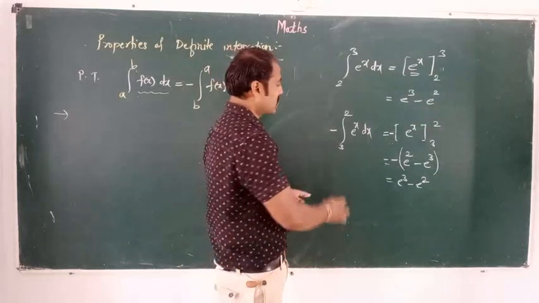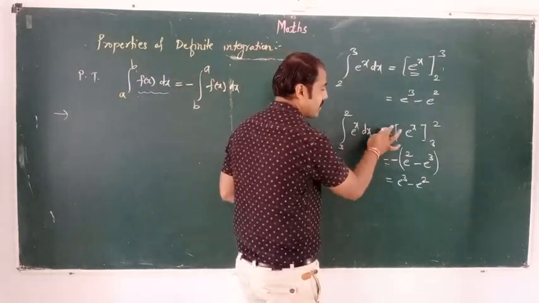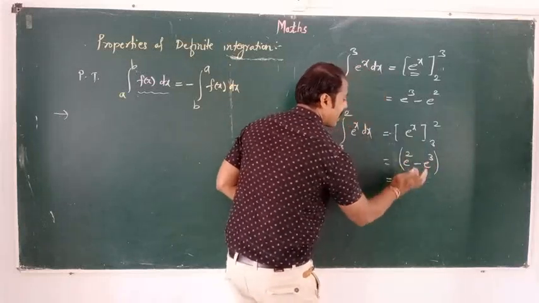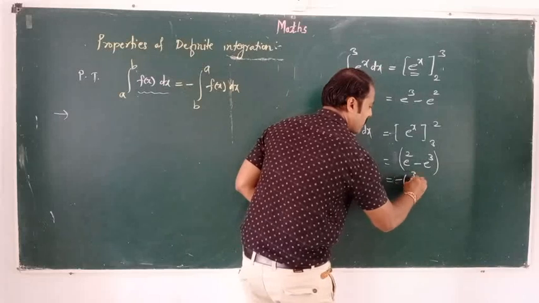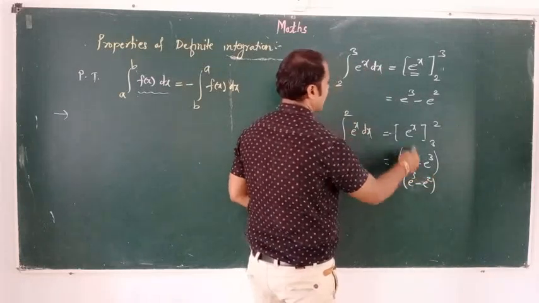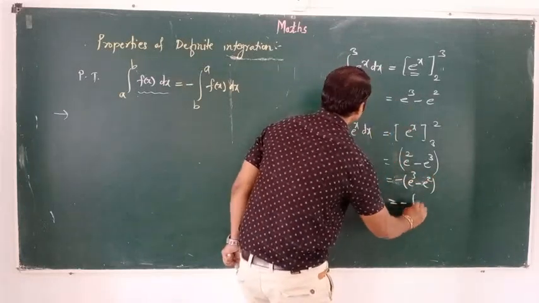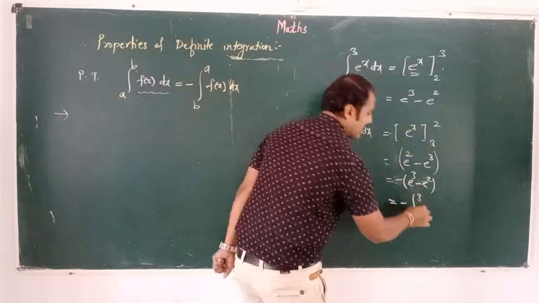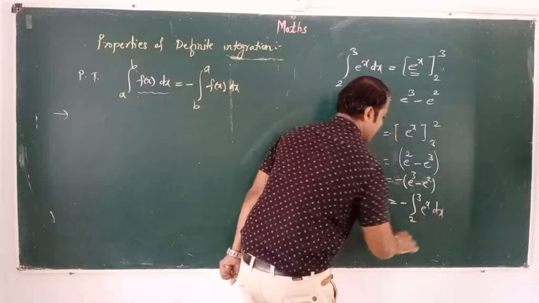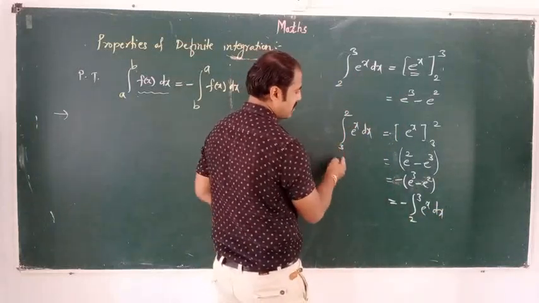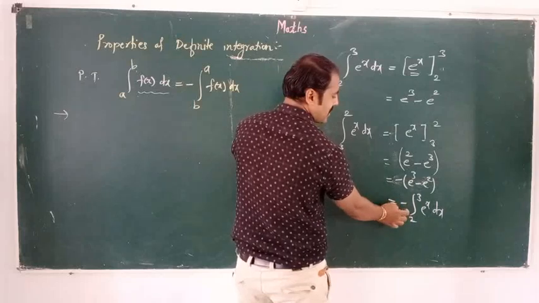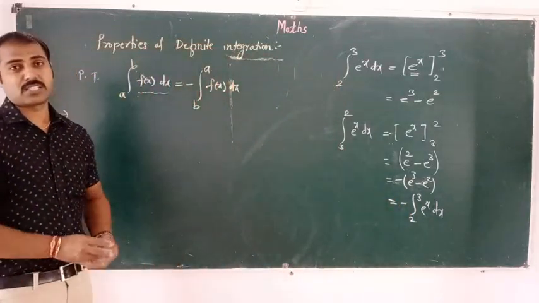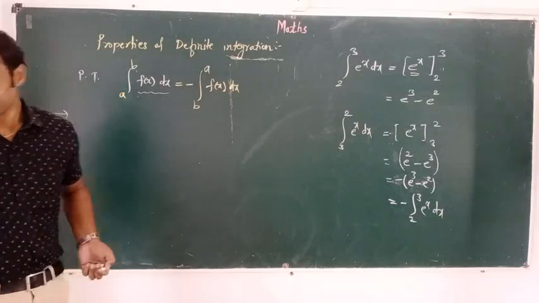If there is no minus sign, then what happens? Taking minus sign common, e cube minus e square, that is minus integral 2 to 3, e cube minus e square is integral 2 to 3 e raised to x dx. So if we change the lower limit and upper limit of the integration, then the value of that definite integration changes by sign.